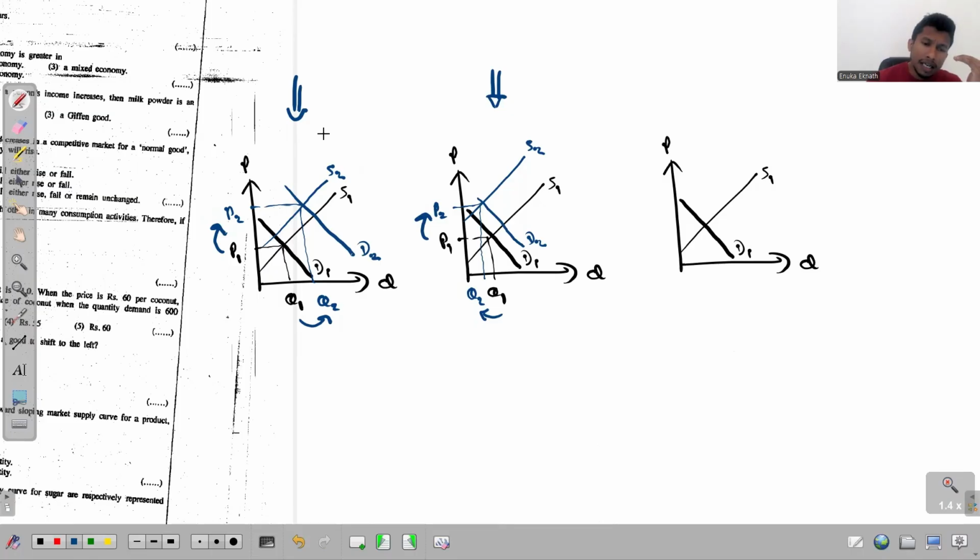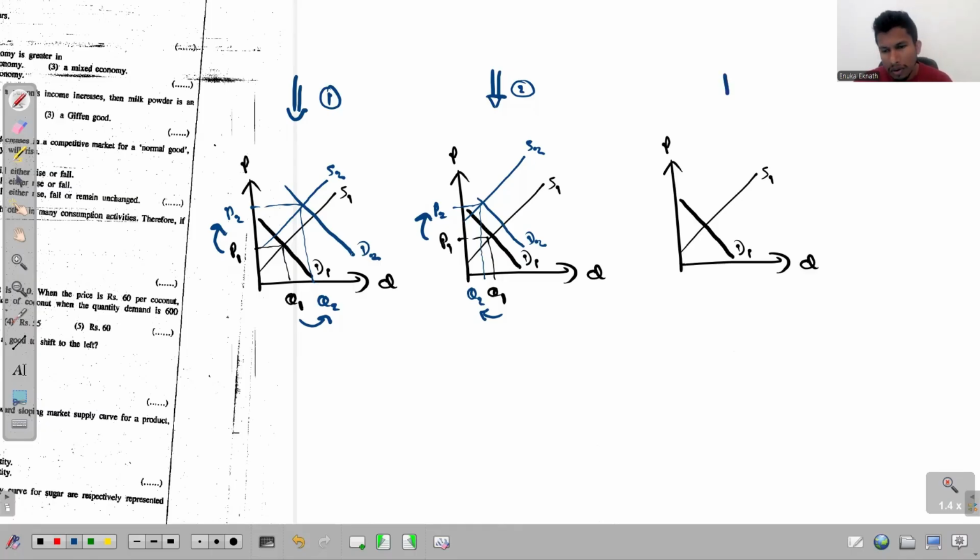So in the first one, what happened? The increase in demand is very much higher compared to the decrease in supply. And in the second one, the increase in demand is insignificant compared to the decrease in supply.